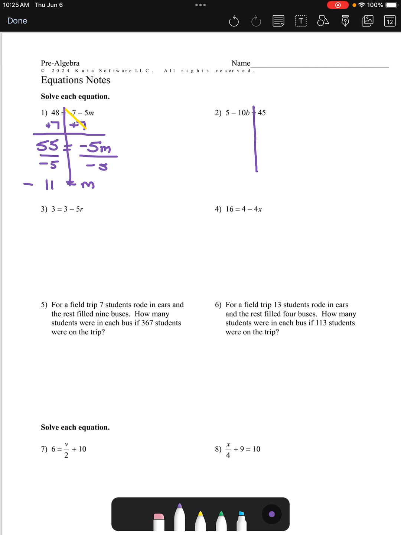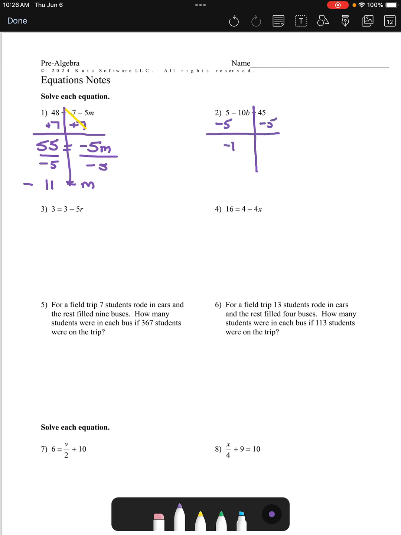In number 2, we have a 5 and a -10 on the left side of this equation with the variable b. The 10, which is negative, is directly attached to the b, so it gets saved for last, which means our first target for removal is the 5.